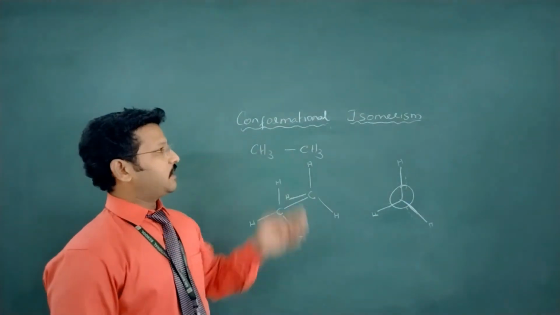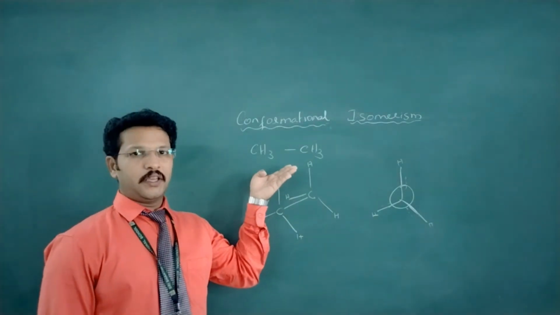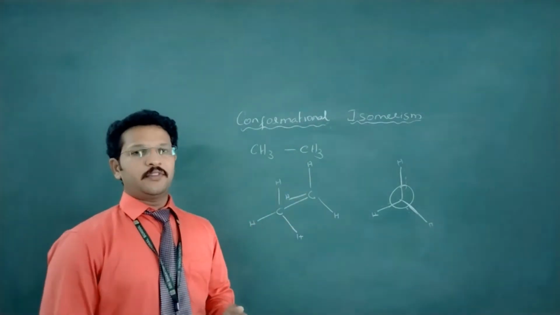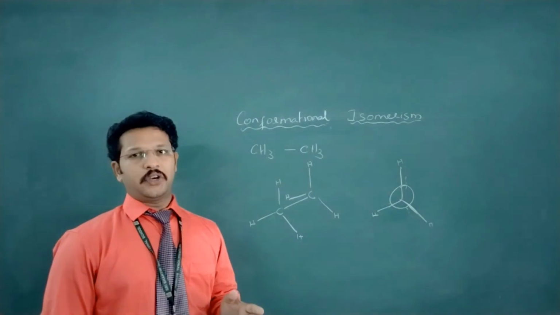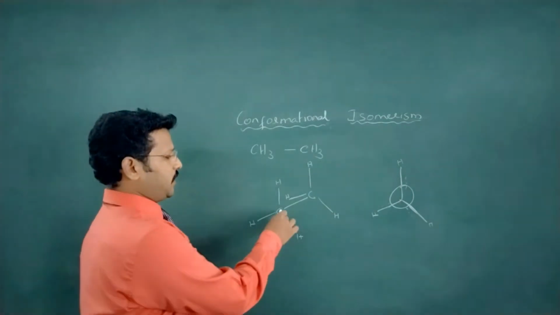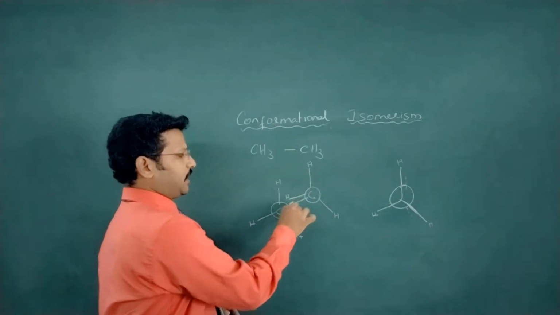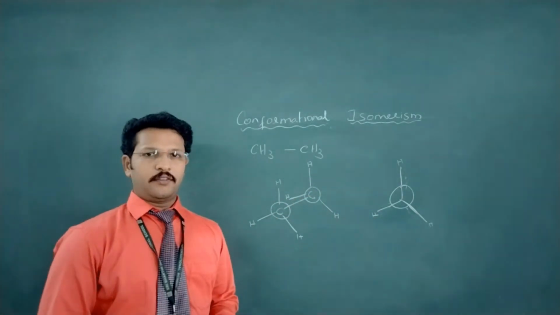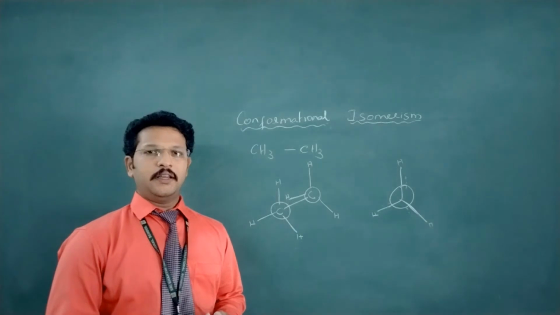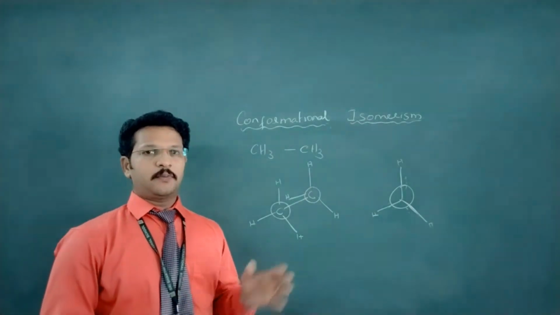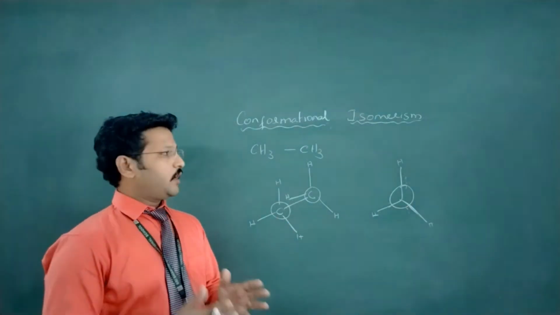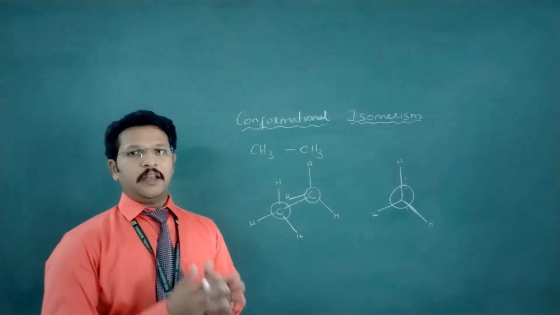Why is it studied for ethane? Because ethane has a carbon-carbon single bond, and there is rotation about this bond. Due to this rotation, the different arrangements in three-dimensional space are explained as conformations, called conformational isomers.